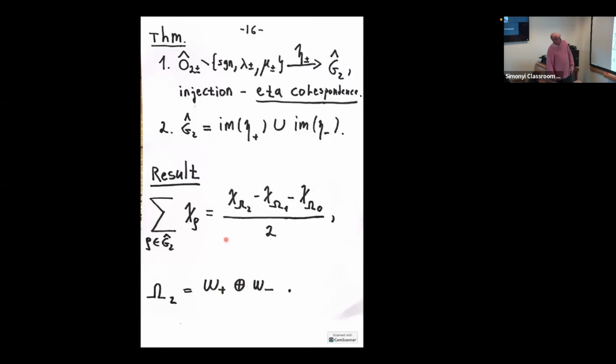So in particular, if you want to compute this sum, we have a formula for the character of the oscillator representation, really explicit, and we know everything about this character. So as a wrap up, we have all we need to compute.